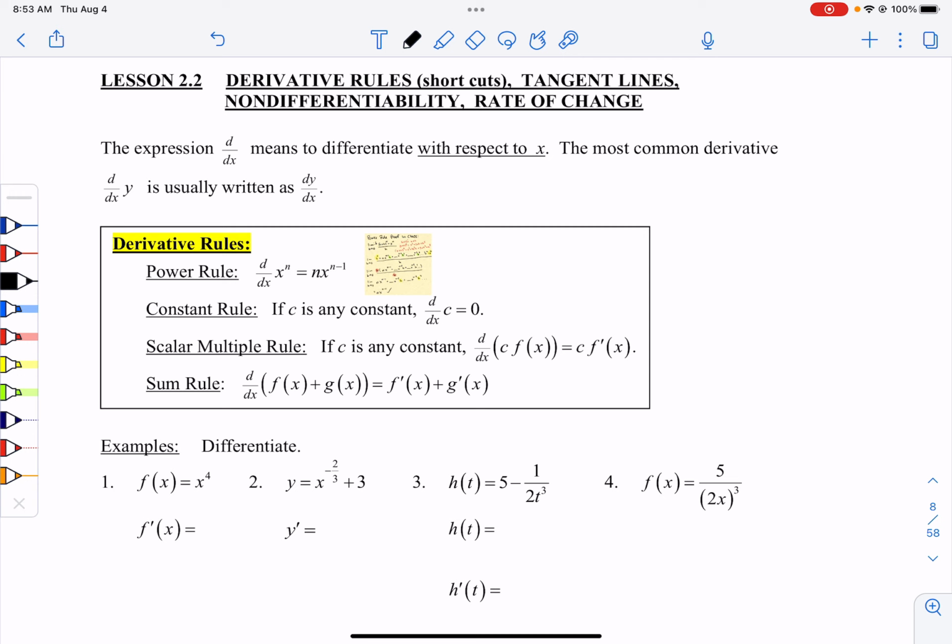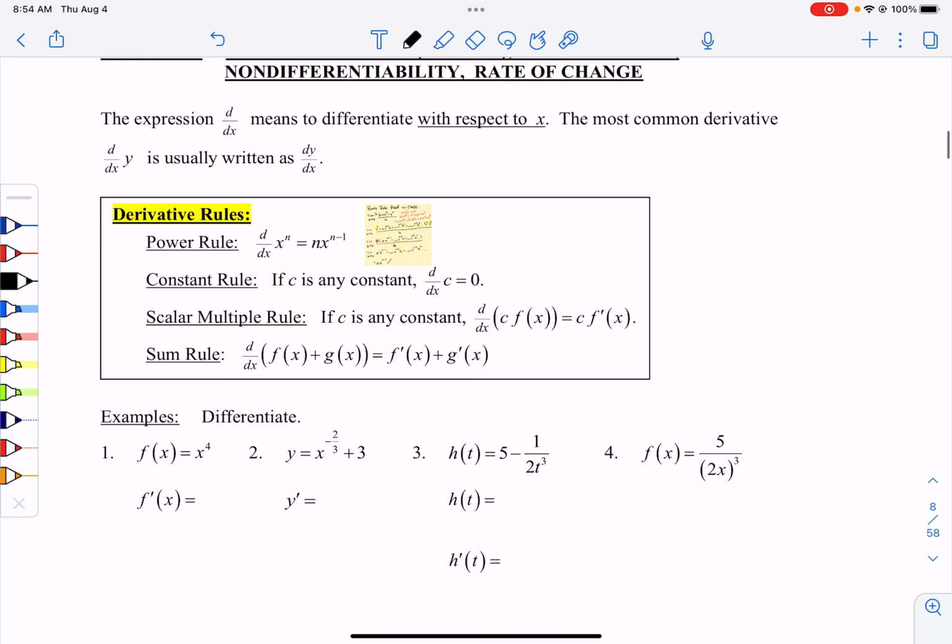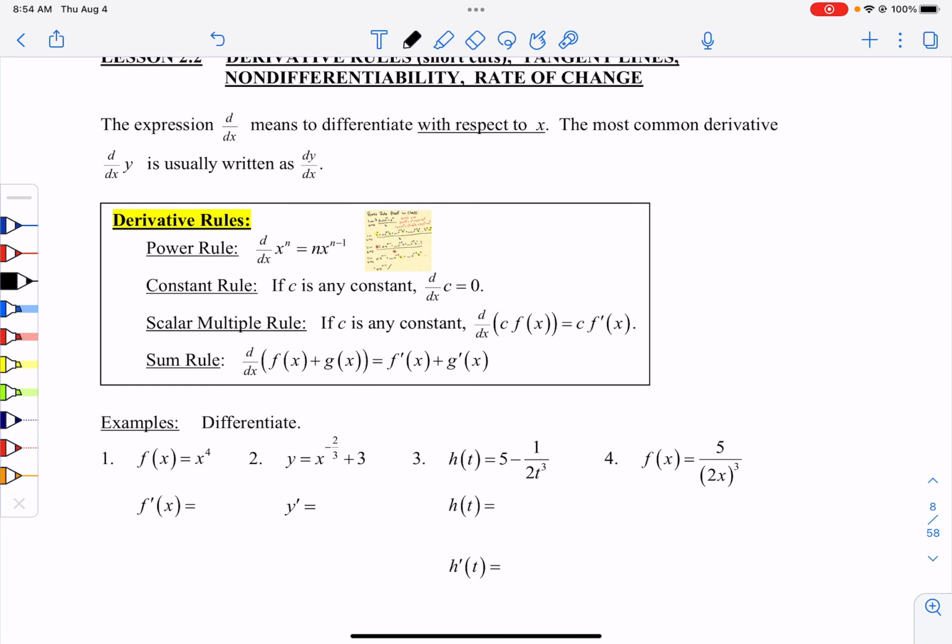We're also going to talk a little bit about tangent lines and the formula for the tangent lines, what it means to be non-differentiable, and retouch a few things on rate of change. So a lot of things to talk about today. First of all, we already mentioned the expression d/dx means to differentiate with respect to x.